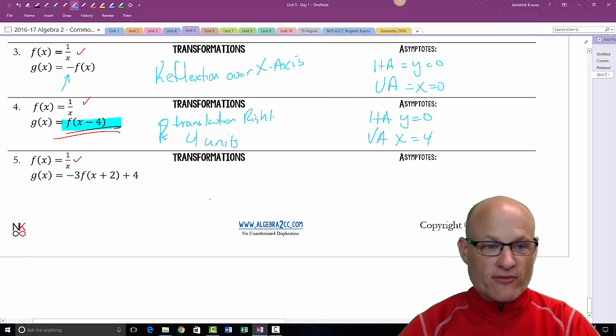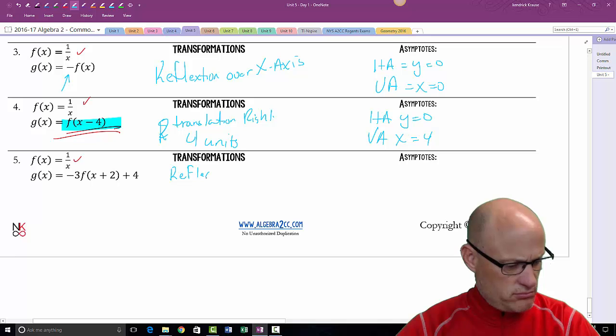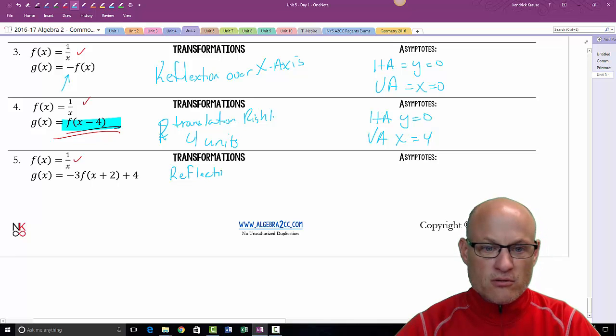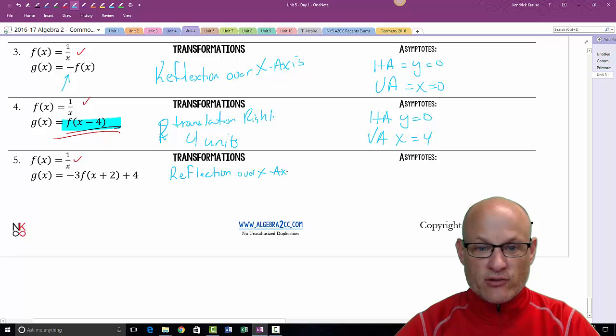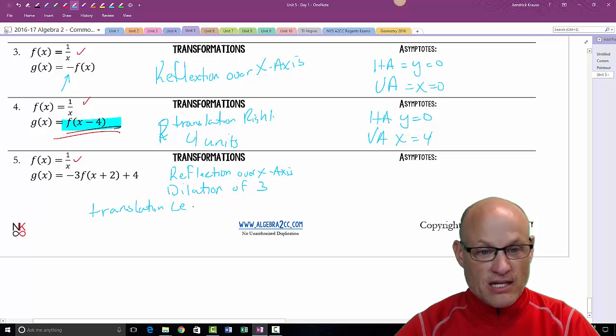All right, we have all kinds of stuff going on here. We have a reflection over the x axis. We have a dilation of 3. We're going to move to the left, translation left 2 units.